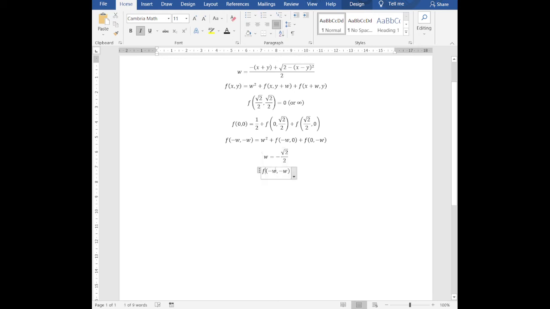Let's see what I get here. I don't think it'll be anything very interesting, but if I let w equals minus the square root of 2... The way I say no, because I've just assumed x and y equal w independently to get this equation. But I can't let them both equal w, I don't think.